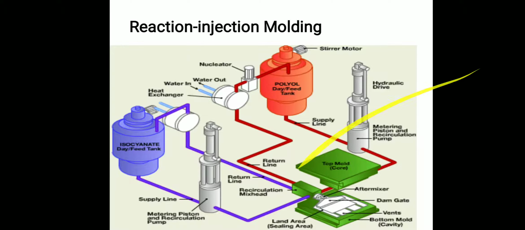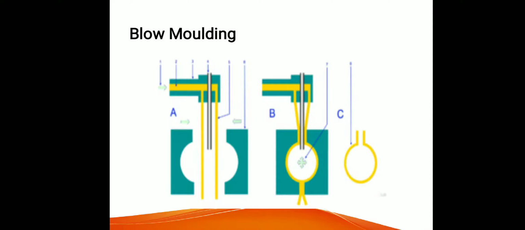Then the next process is blow molding. Blow molding is used to form products like bottles, floats, automobile heater ducts. It also includes plastic bottles, containers, toys, bodies of dolls.